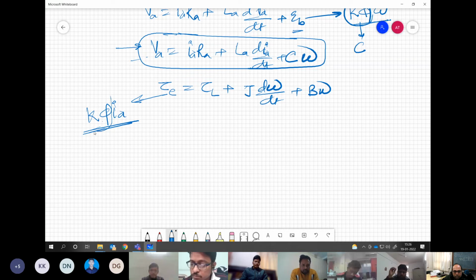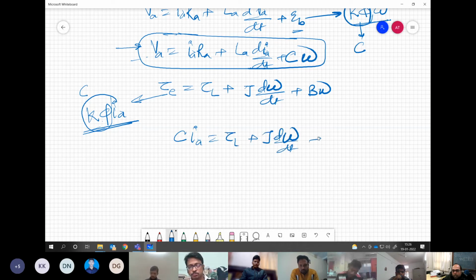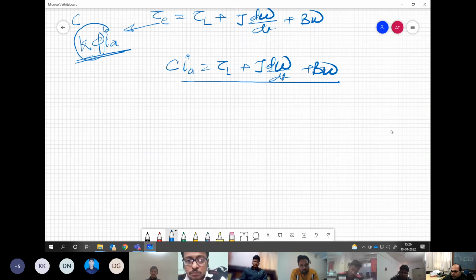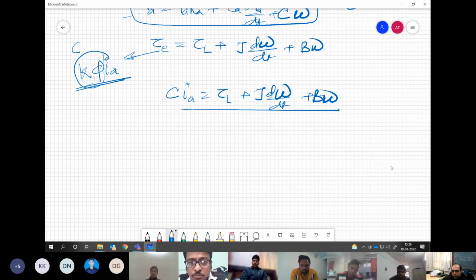And because flux is maintained constant, this can again be taken as C. So the equation can be written like this. Fine, right? So we have modeled both the things.